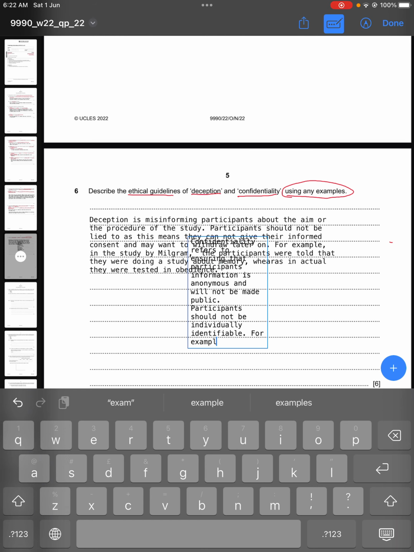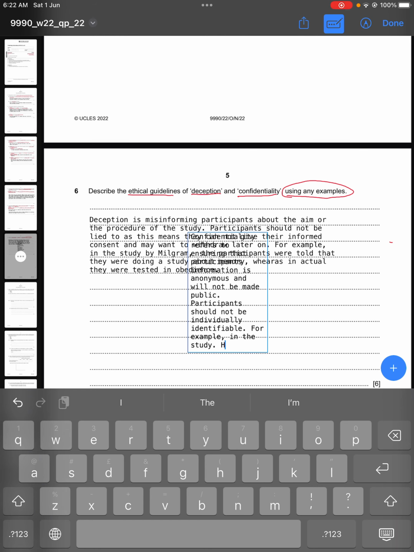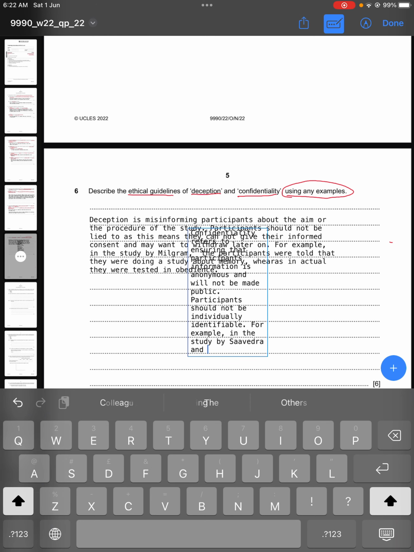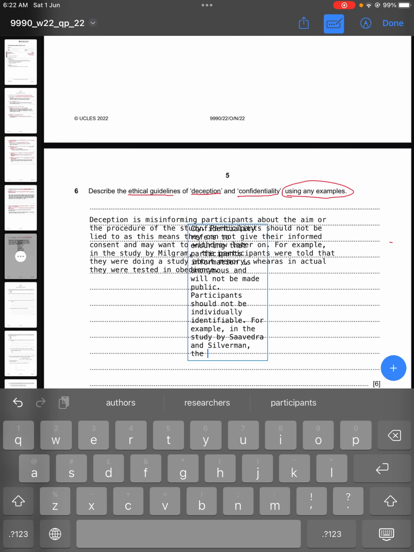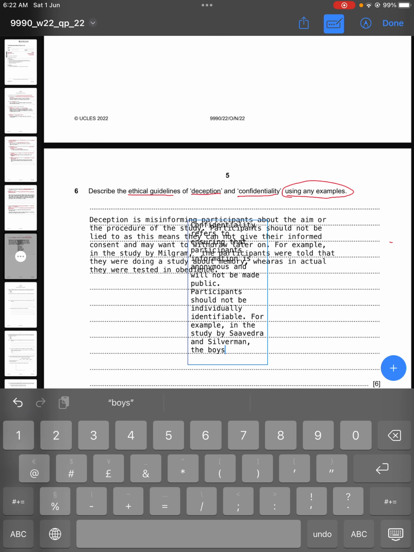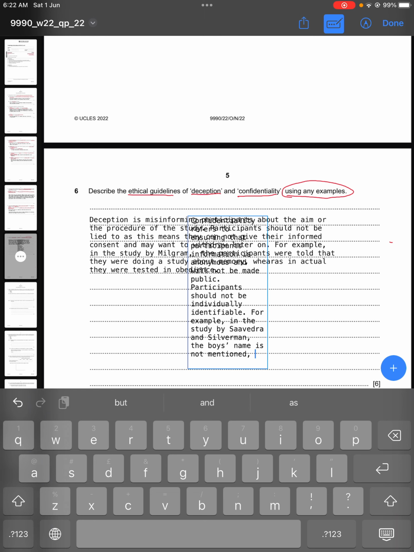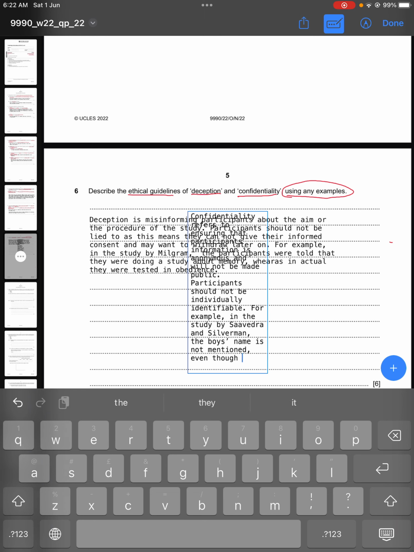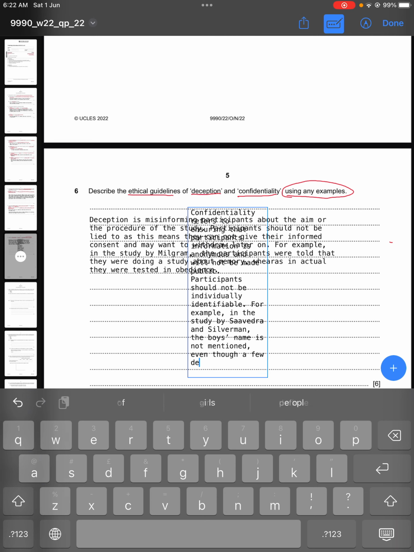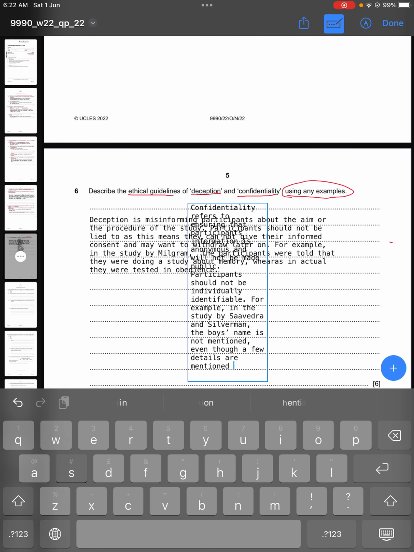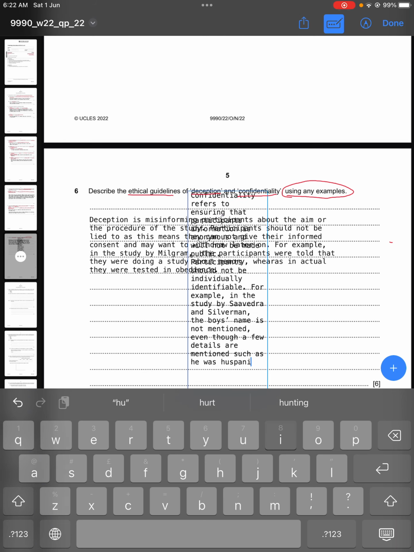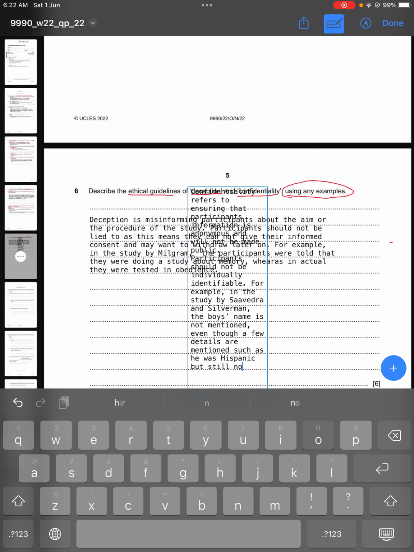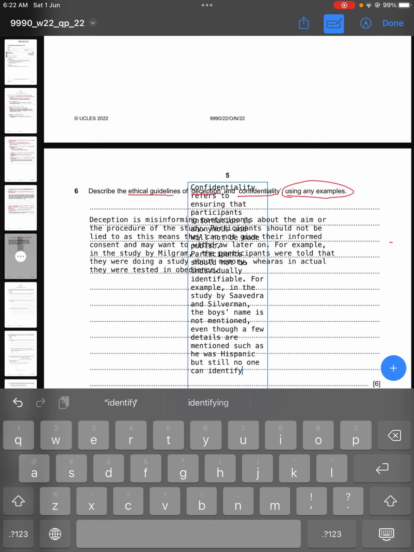and for example, in the study by Savitra and Silverman, the boy's name is not mentioned, even though a few details are mentioned, such as he was Hispanic, but still no one can identify the boy.